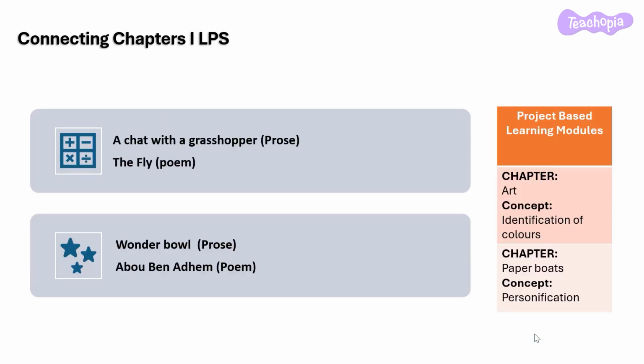For grades 4 and 5, we have chapters A Chat with a Grasshopper, The Fly, Wonder Bowl, and Abu Ben Adam, and PBLs for the chapter Art, exploring identification of color, and chapter Paper Boats, exploring the concept of personification.